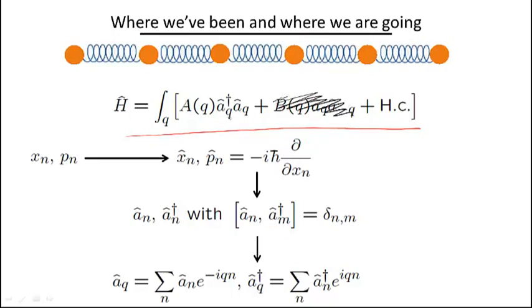If this were the case, it would have meant that we already solved the problem. The reason is that this integral is a linear combination of independent a dagger a's, which correspond to a collection of independent harmonic oscillators, the spectrum of which we know perfectly well.